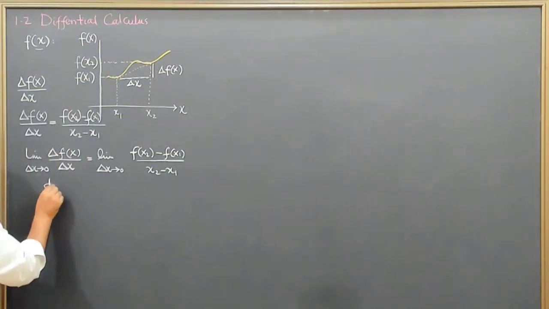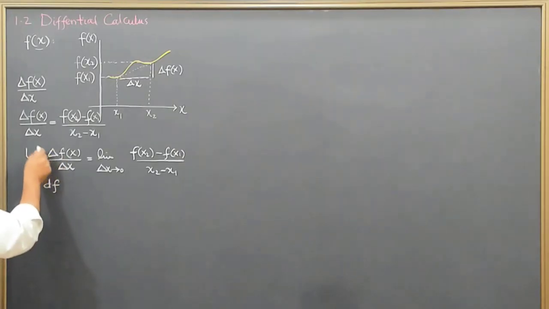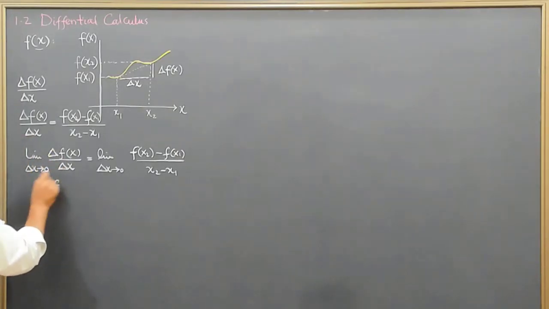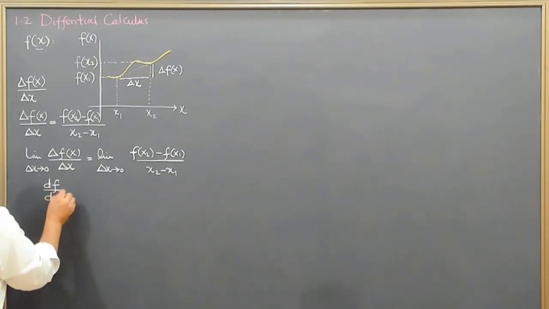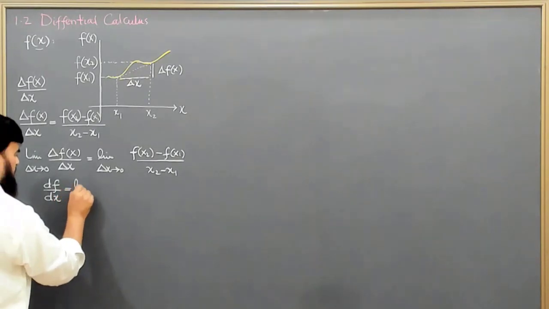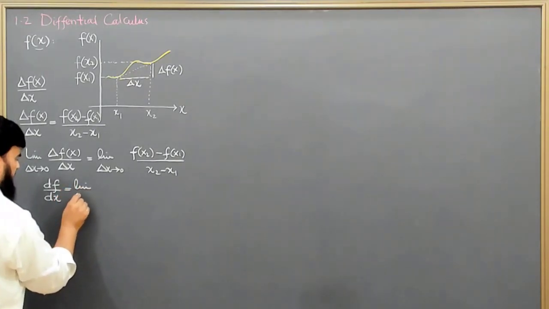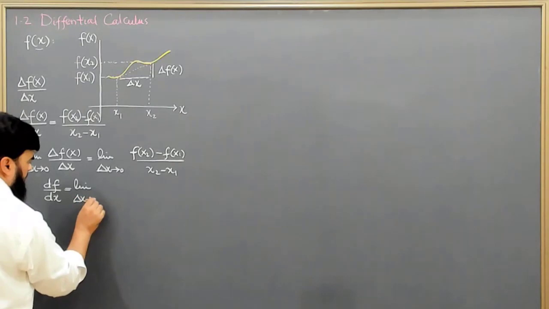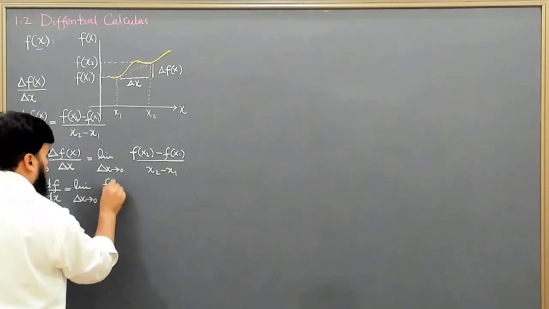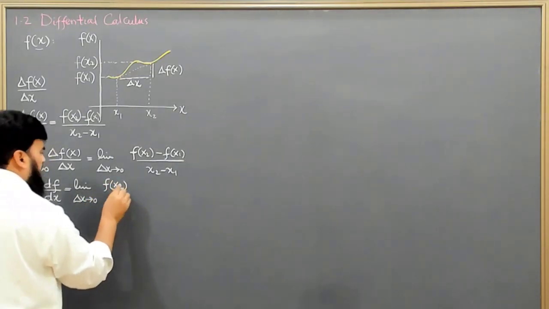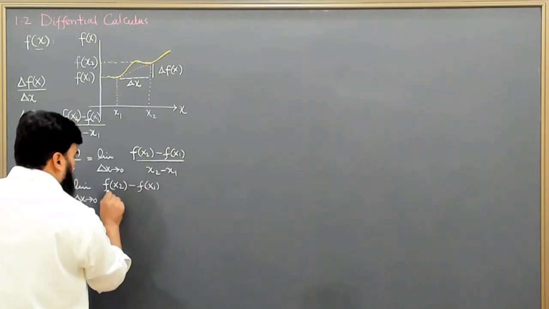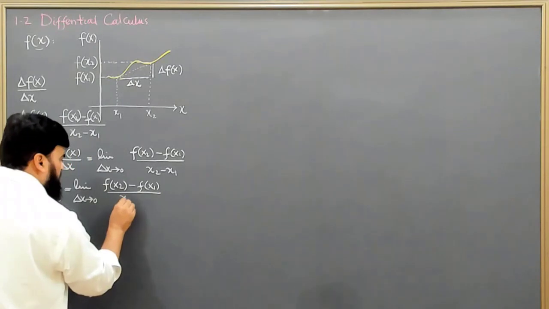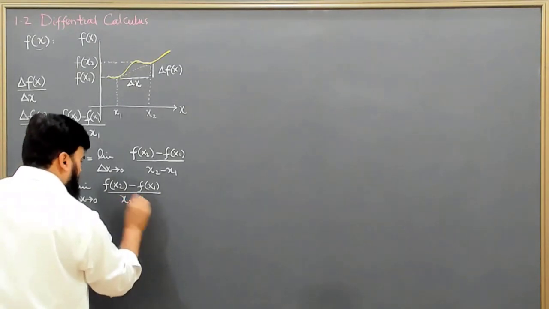I can write this one as df over dx, meaning the delta will change into d with this condition: df over dx is equal to the limit as delta x goes to 0 of f of x2, the function value at any other higher value, minus f of x1, divided by x2 minus x1.